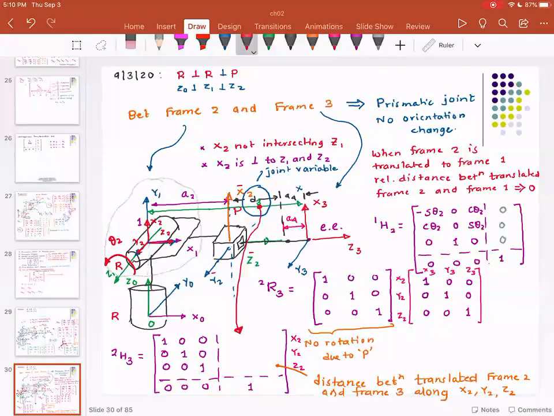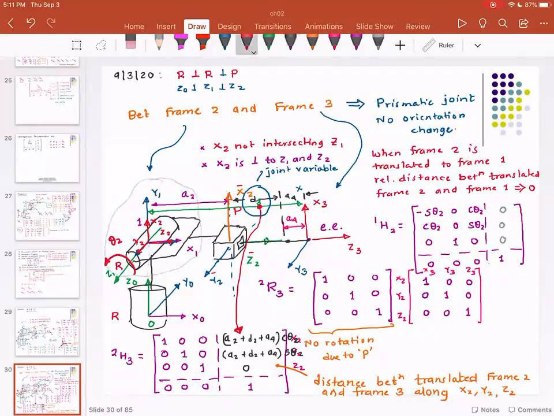But for a non-zero rotation of theta 2, your equation is going to look like a2 plus d2 plus a4 cosine theta 2, a2 plus d2 plus a4 sine theta 2, and here it will be 0.